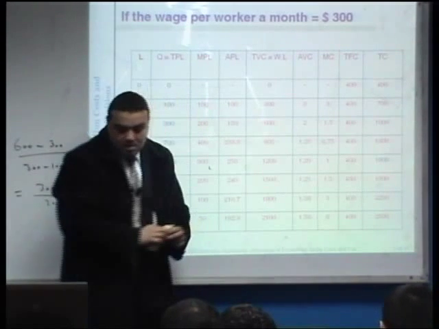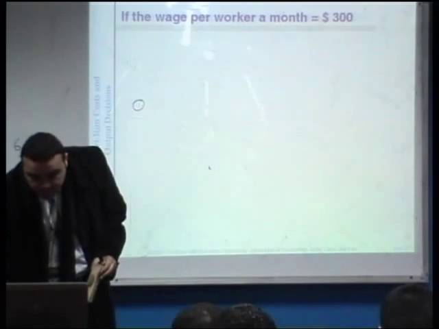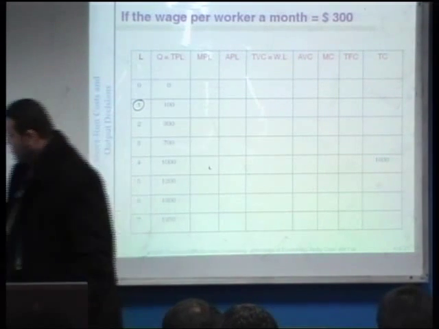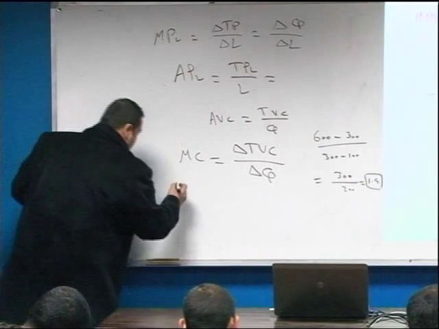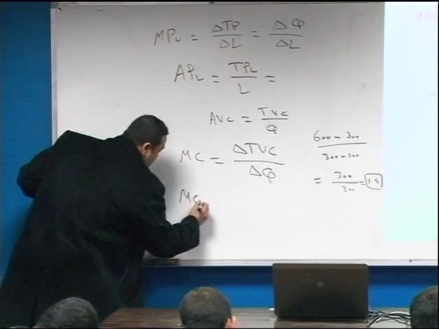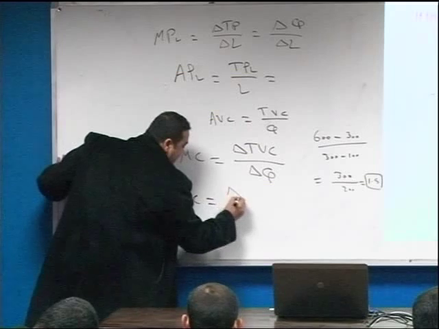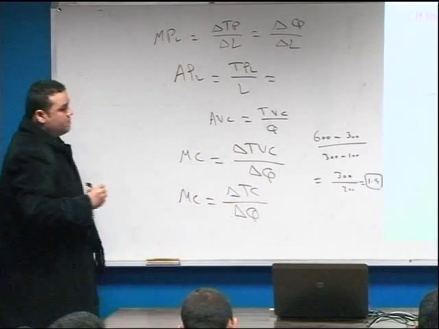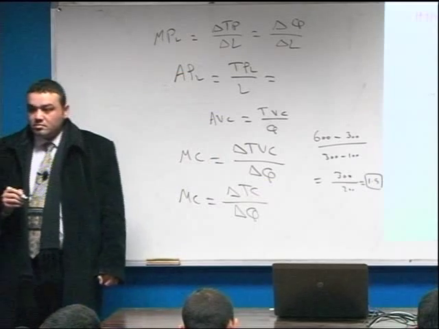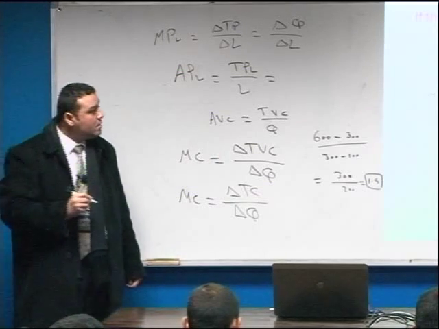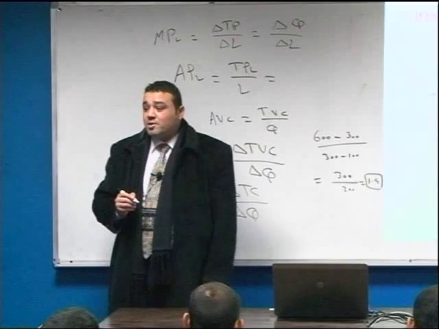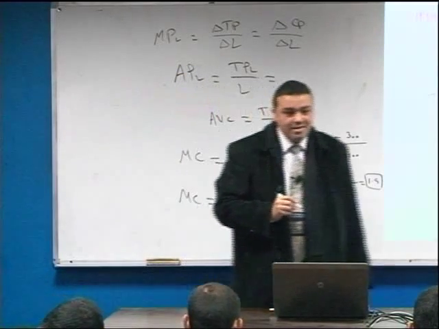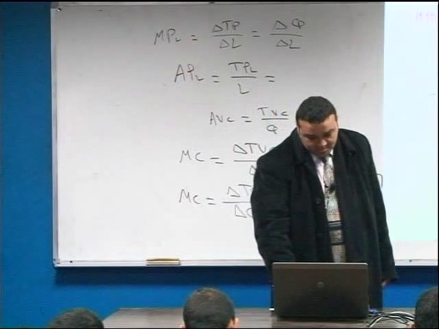Yes, the second formula is MC, the marginal cost, equals delta total cost over delta Q, right? Or W over MPL. Let's see.